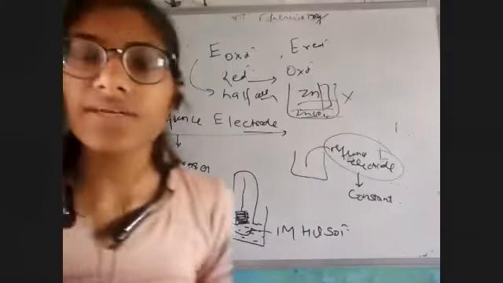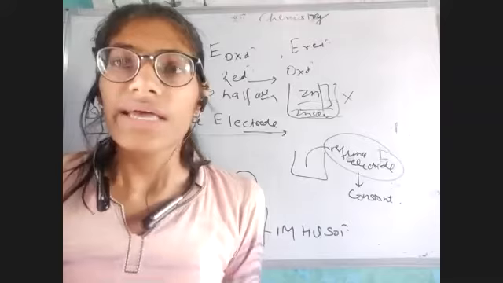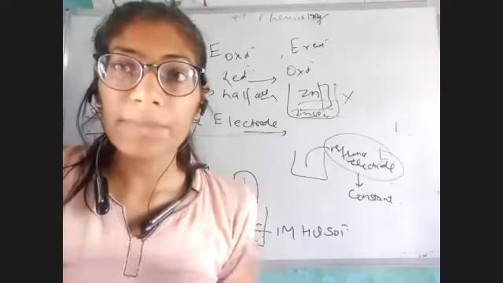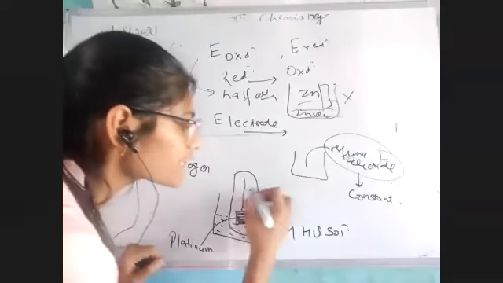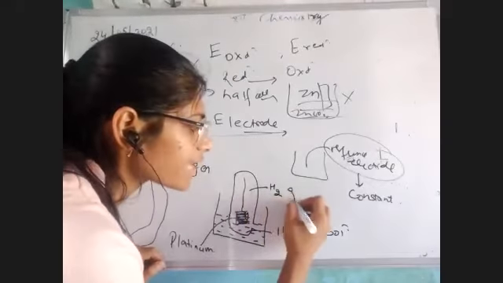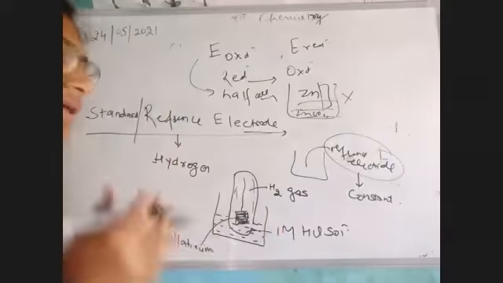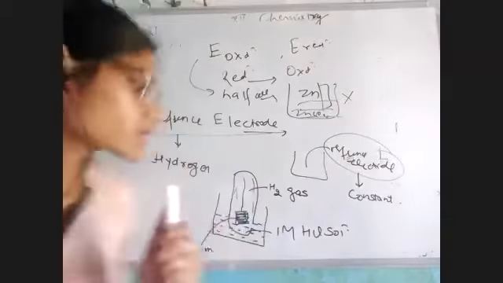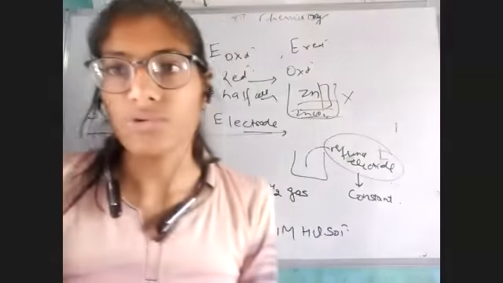Because platinum is a non-reactive metal, or we can say it is the least reactive metal among all the metals. So we have taken platinum, and for making hydrogen, we have filled it up with H2 gas. That means this glass jar is completely filled with hydrogen gas, with platinum metal, with 1 molar HCl solution.